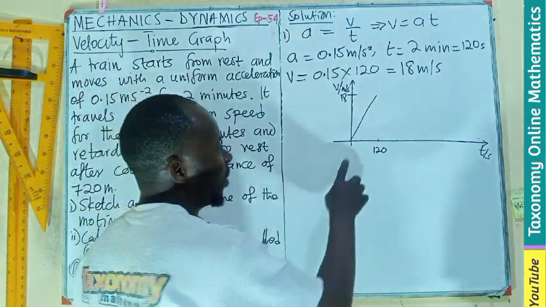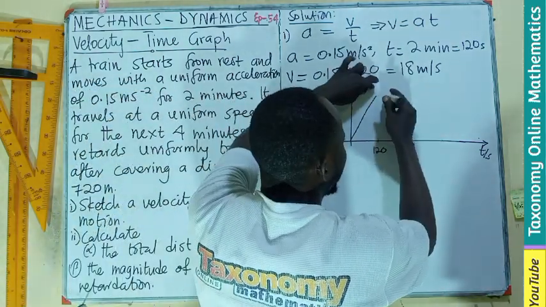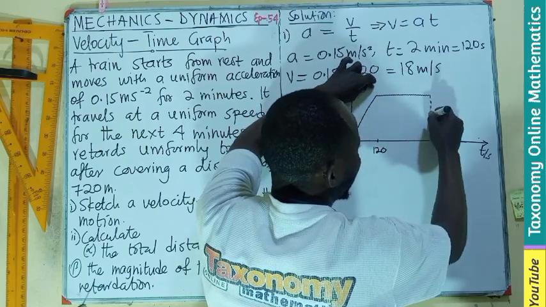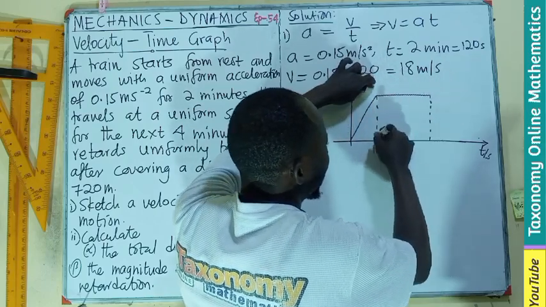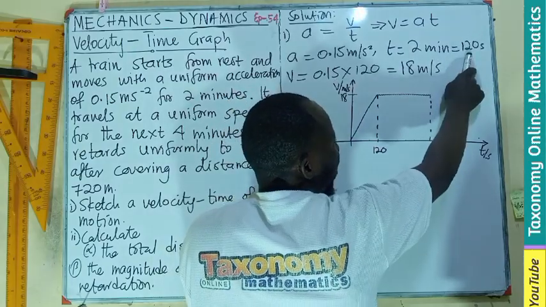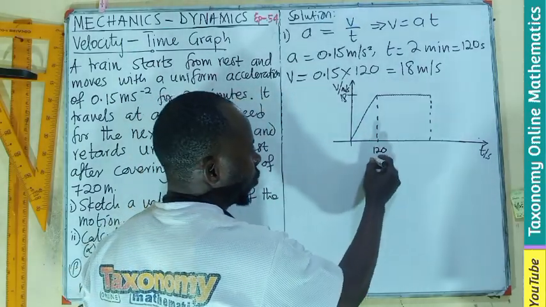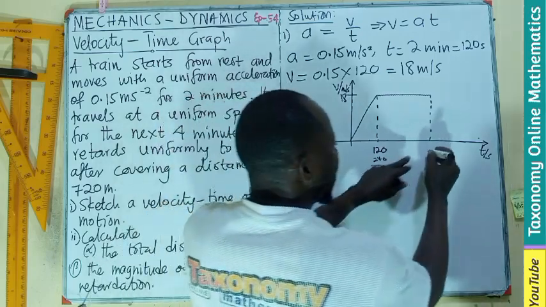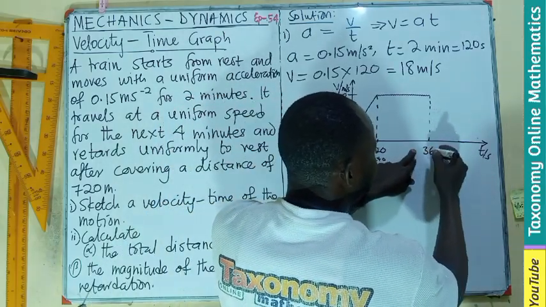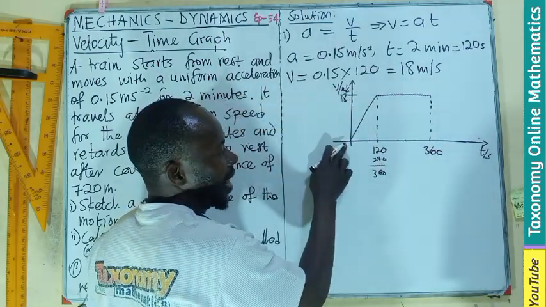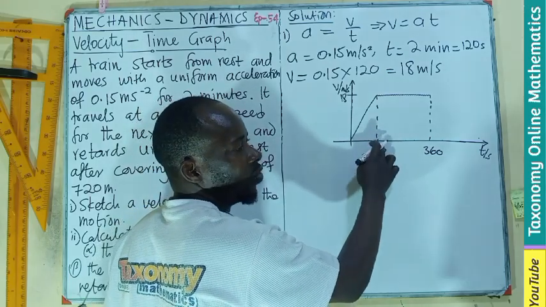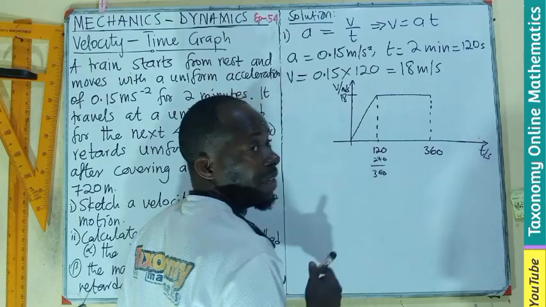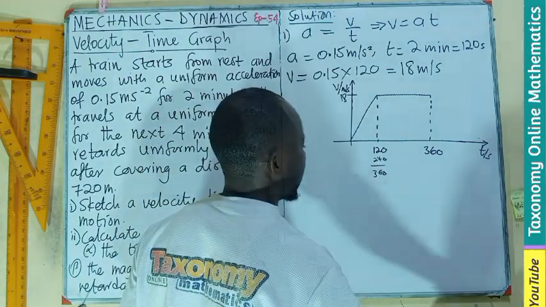So from here, we are going to move for an extra 240. This is going to be 120, then 240, plus this will give you 360 seconds. Remember, we are moving from 0 to 120, plus an extra 240 gives you the 360 we are having there.